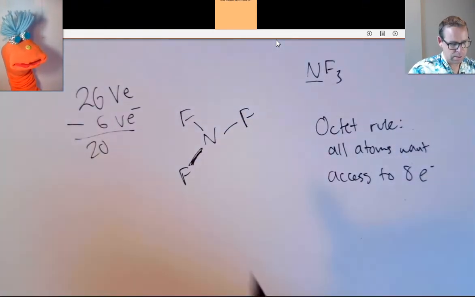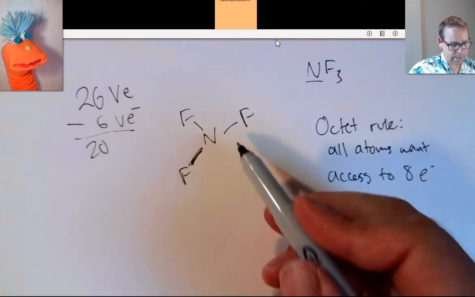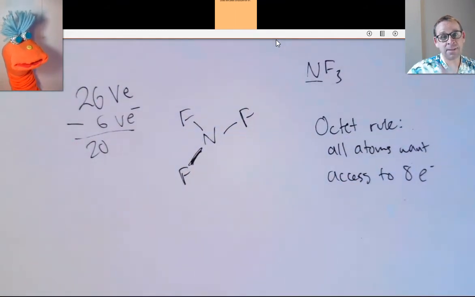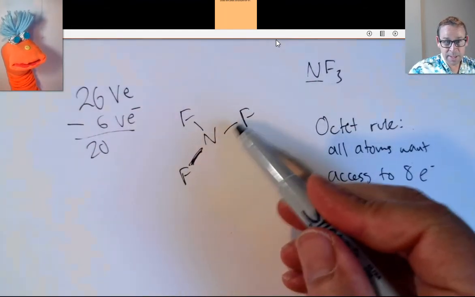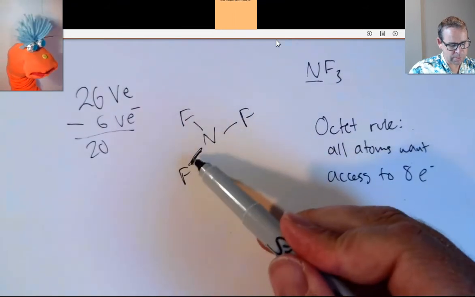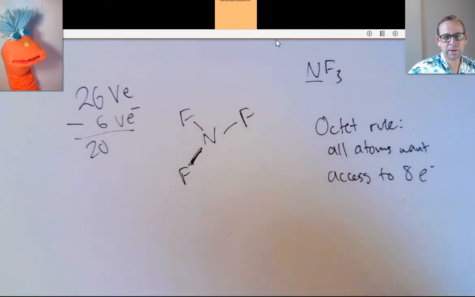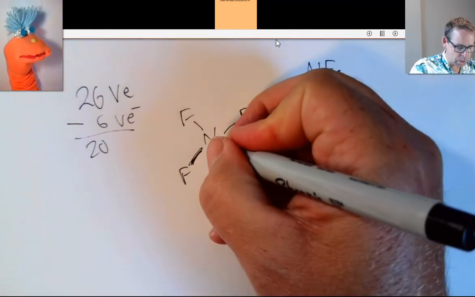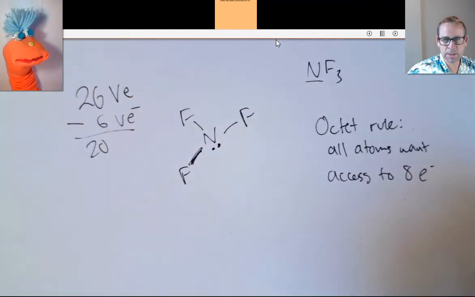All right? And this nitrogen has access to 1, 2. Every electron in a bond it has access to. That's the good thing about a bond, because fluorine also has access to those electrons. So nitrogen here has access to 1, 2, 3, 4, 5, 6 electrons. But it wants to have access to how many? 8? That's right. So we need to put on 2 extra electrons like that.